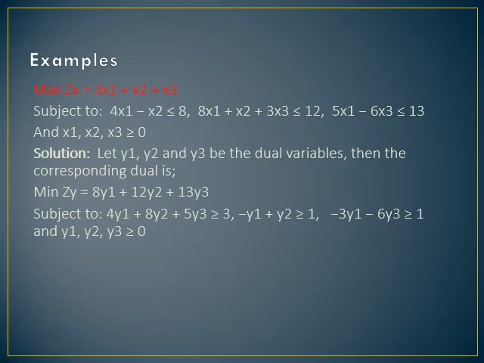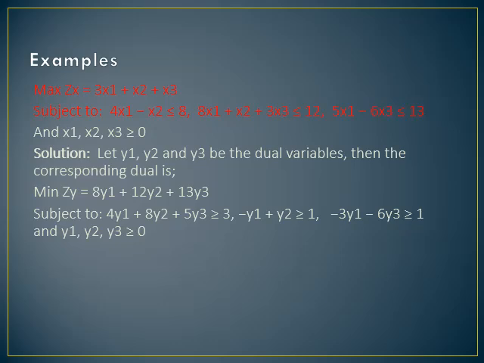Subject to: this LPP has three constraints: x1 negative x2 less or equal 8, 8x1 plus x2 plus 3x3 more or equal 12, 5x1 negative 6x3 less or equal 13.